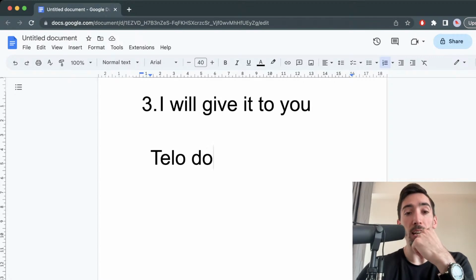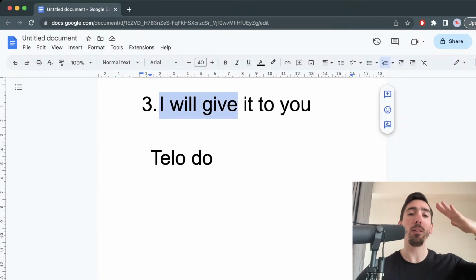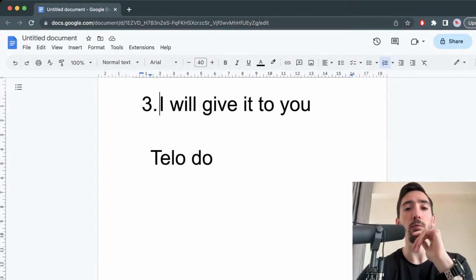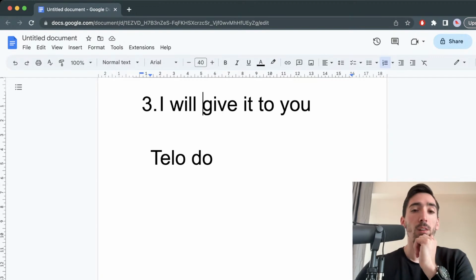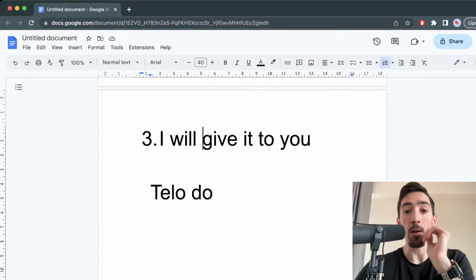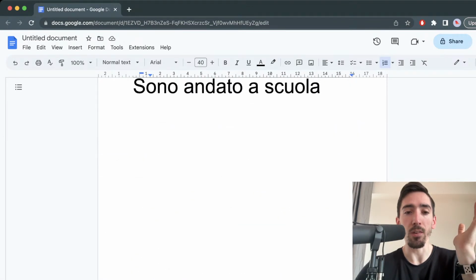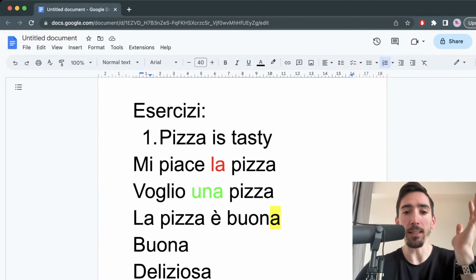And I purposely chose the future simple, although the future simple is completely parallel to the issue in this sentence. I only chose this because there was a request to talk about tenses in this lesson, and we did. I think we have talked about tenses, and we continue doing so. So the first sentence, pizza is tasty.